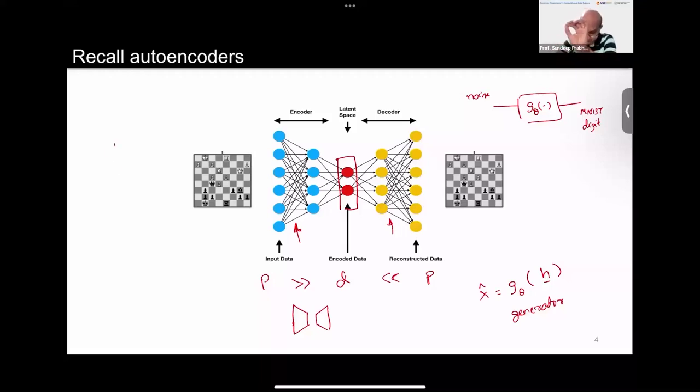So basically, I take my example, which is from, say, the space of features, R^P, and then this is a smaller space, R^D. Every example, I put it here, and then we have a generator which is going to put it back to this point, right? So this mapping is deterministic at this point.